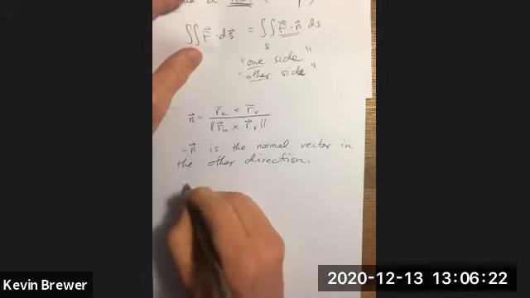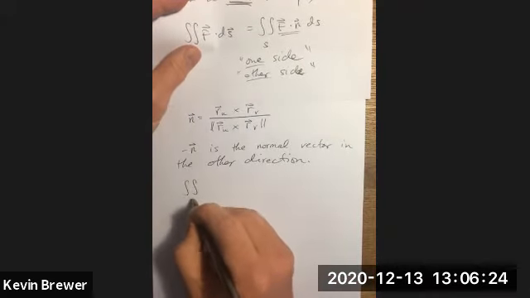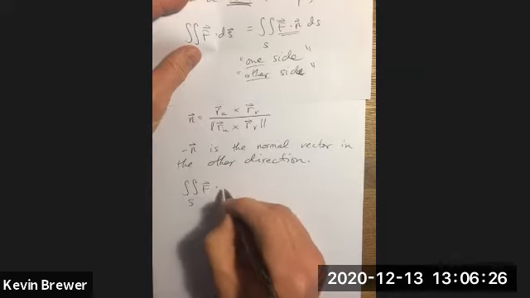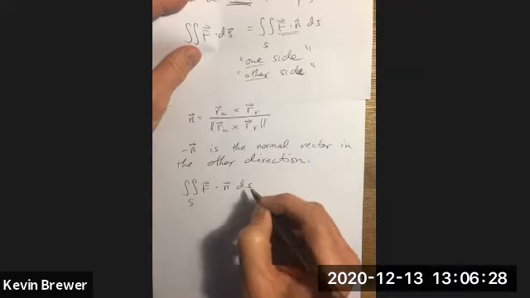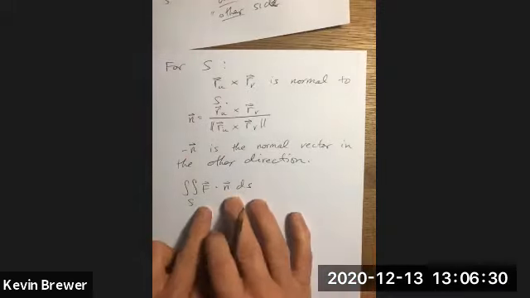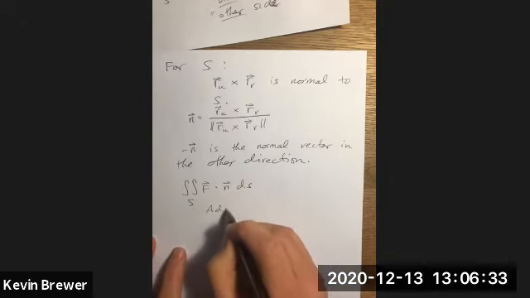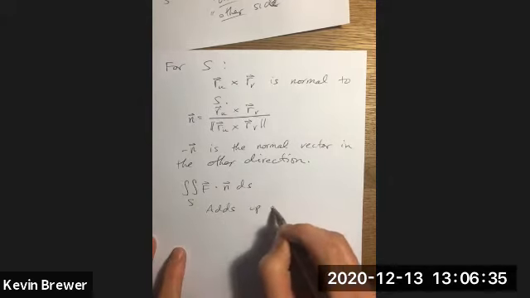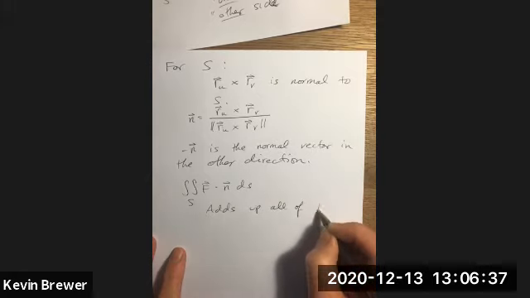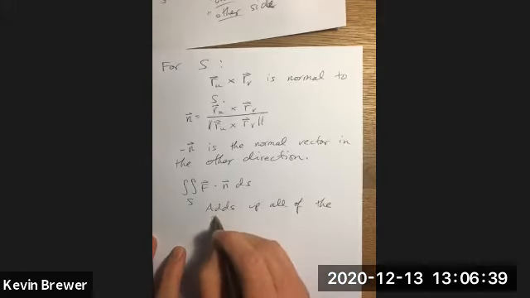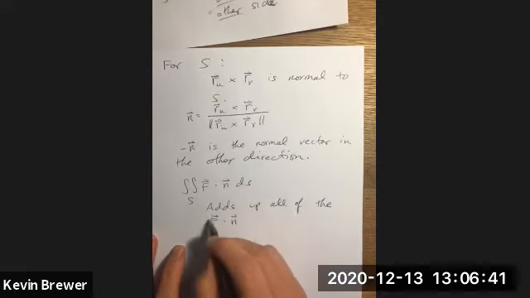So then the double integral over S of F dot N dS is adding up all of the little F dot N's.